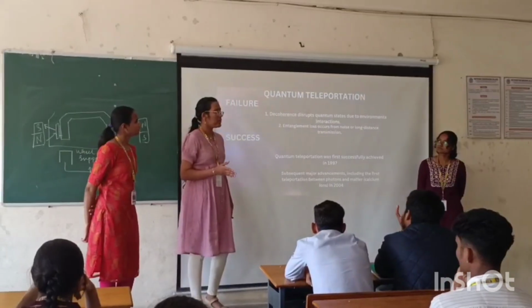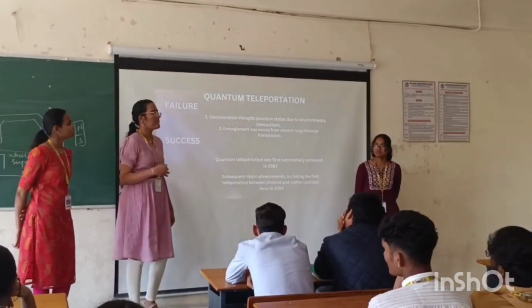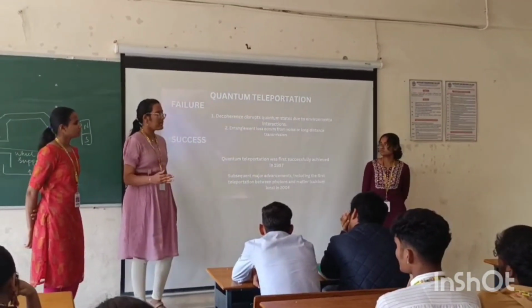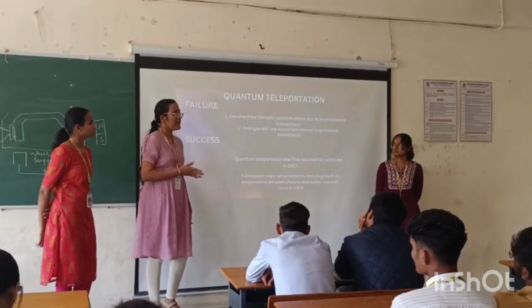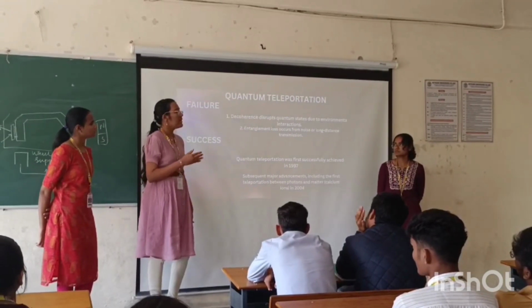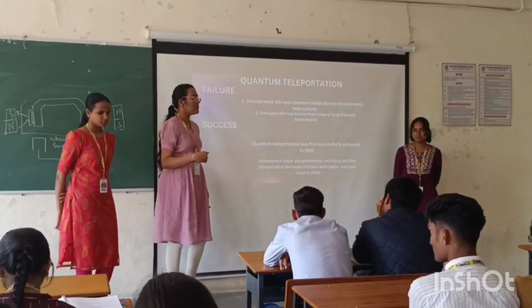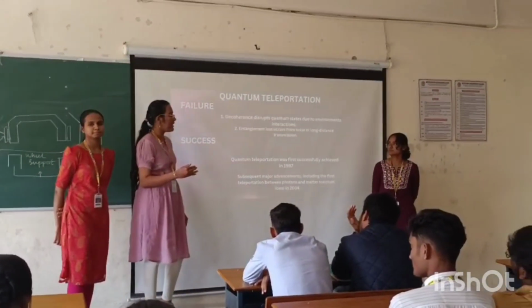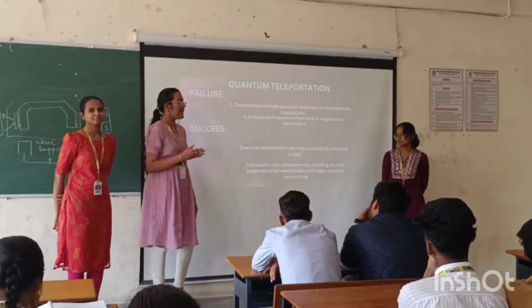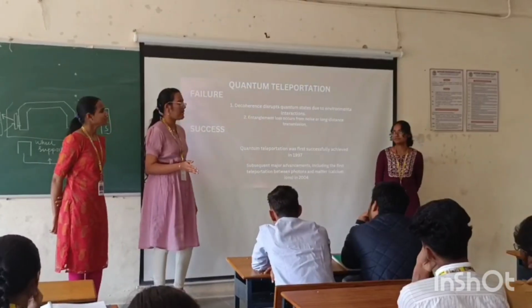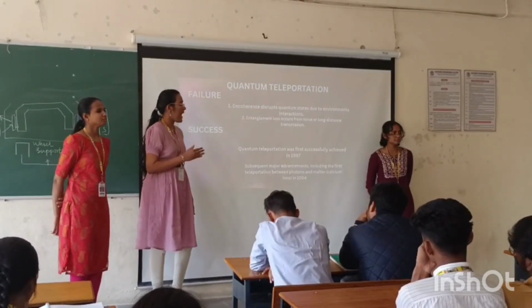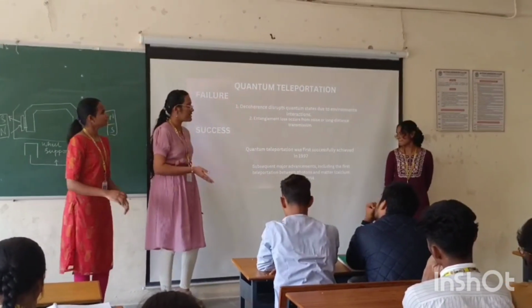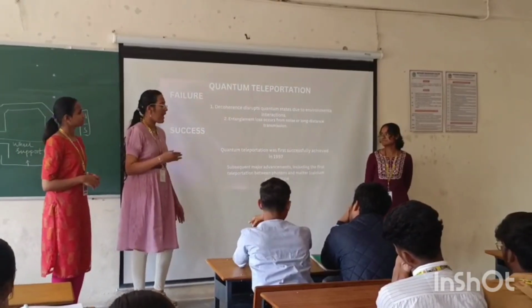They tried to make a quantum network, and achieved it in 2020 for up to 40 kilometers. They haven't achieved real life communications yet. They are working on achieving real life communication. They also achieved the first quantum teleportation between atoms by Anton Zeilinger in 1997.